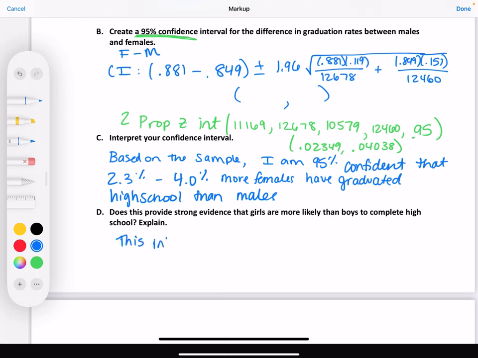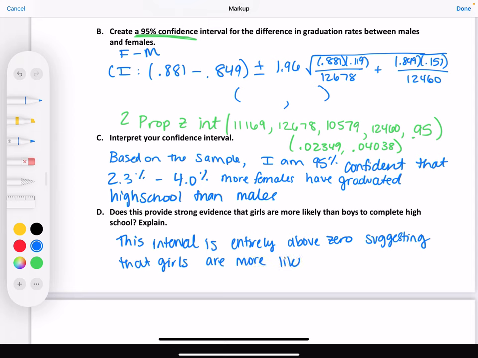This interval is entirely above 0, suggesting that girls are more likely to graduate high school among 24-year-olds.